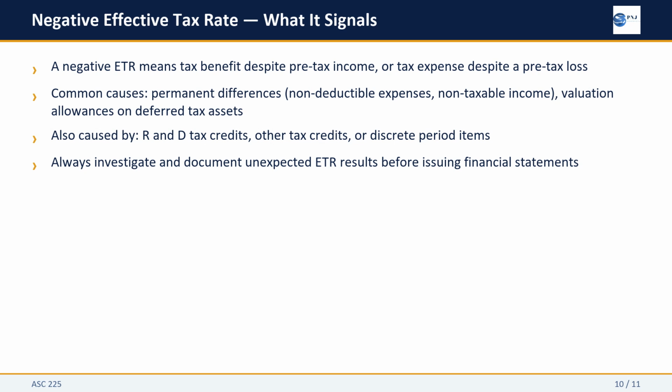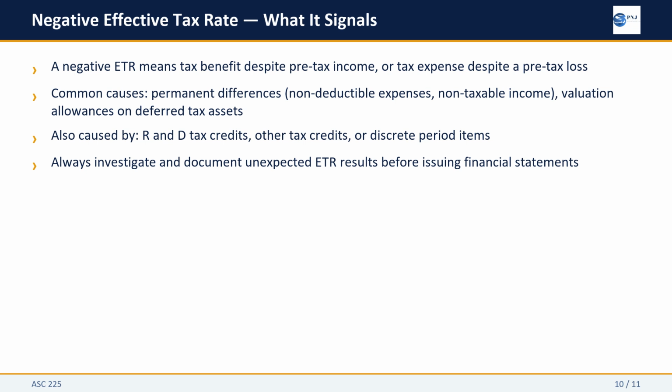A negative ETR is disorienting. It means the entity is recording a tax benefit in a profitable year or recording a tax expense in a loss year. This is not necessarily an error, but it always requires investigation. The most common causes are permanent differences. Non-deductible expenses increase the effective rate, while non-taxable income decreases it.